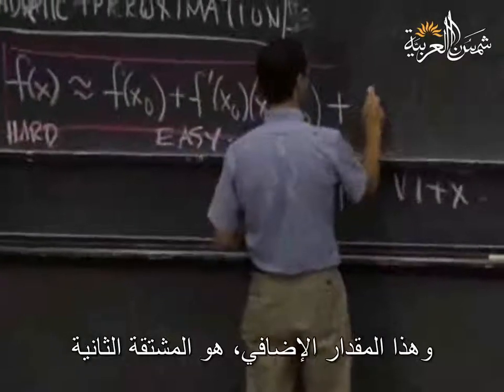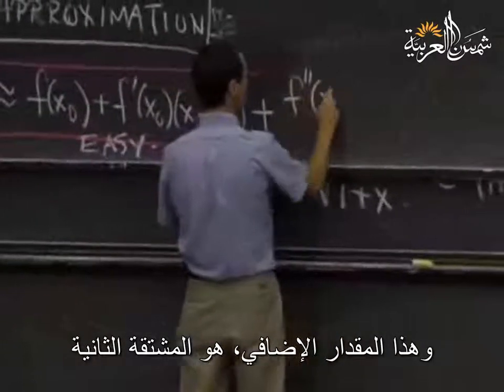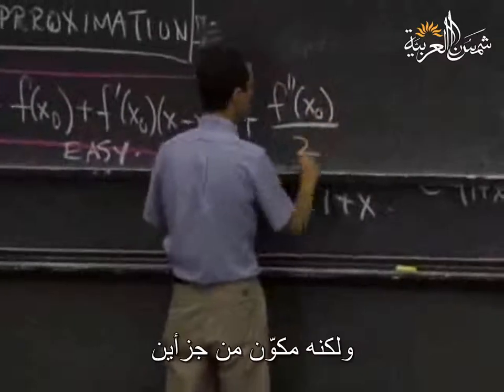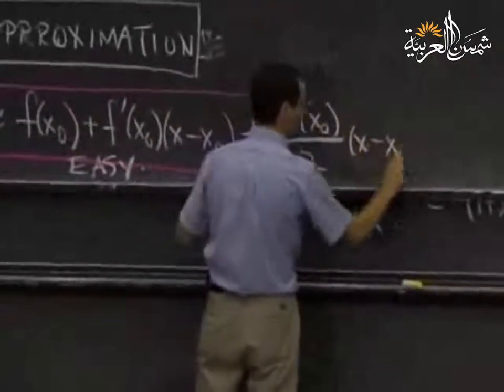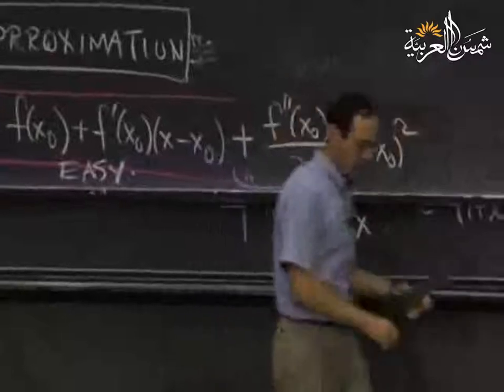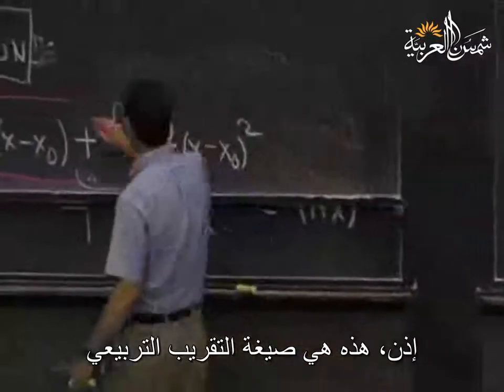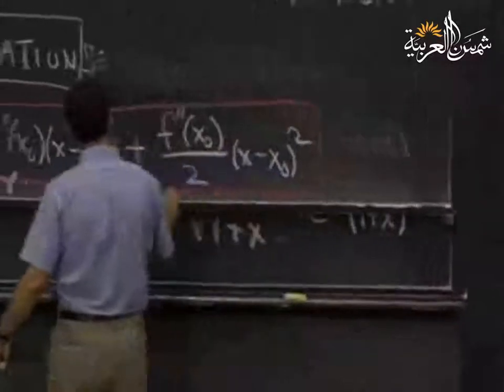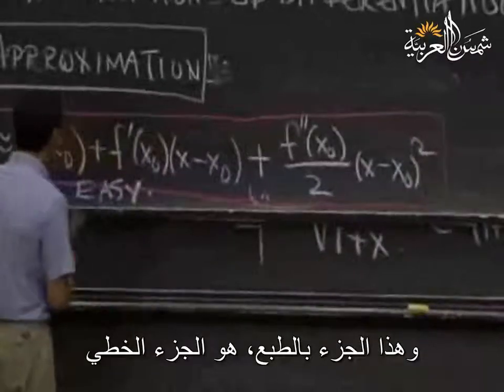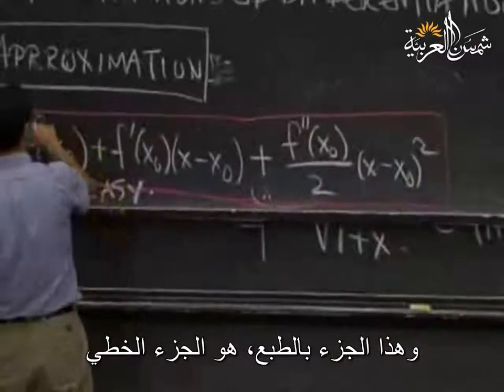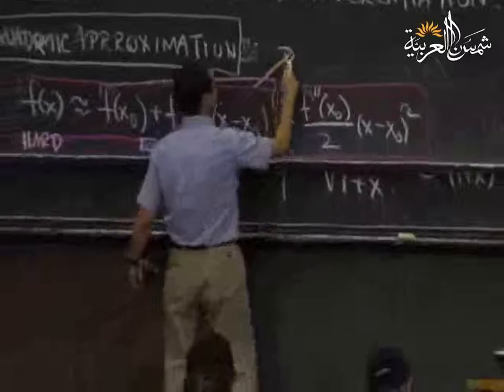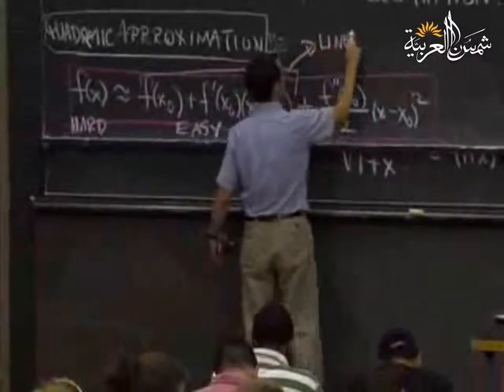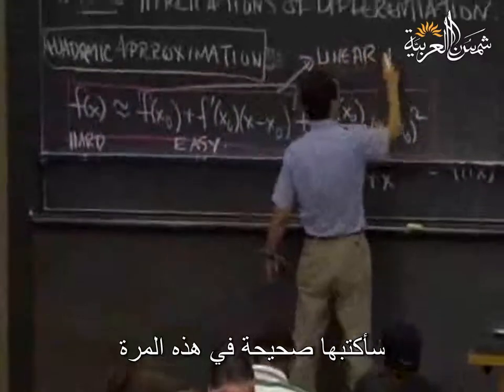The extra term turns out to be related to the second derivative, but there's a factor of 2. All right? So this is the formula for the quadratic approximation. And this chunk of it, of course, is the linear part. This time I'll spell linear correctly.